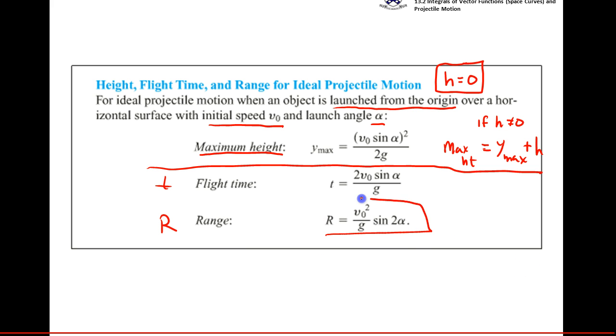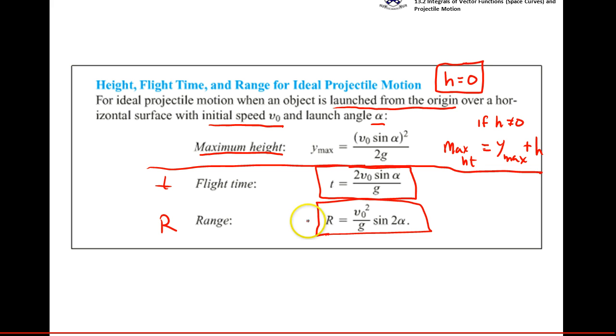The range is the initial speed squared over g, the gravitational constant, times the sine of twice theta. And the time in flight is twice the initial speed times the sine of alpha over that gravitational constant. And we can use this to answer questions.